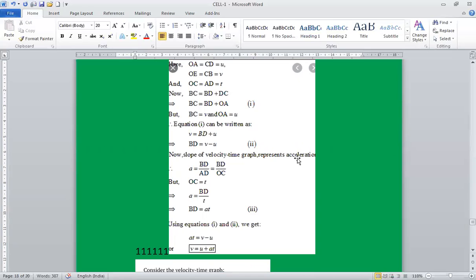That is, acceleration is equal to final velocity minus initial velocity upon time taken, or A is equal to V minus U upon T.